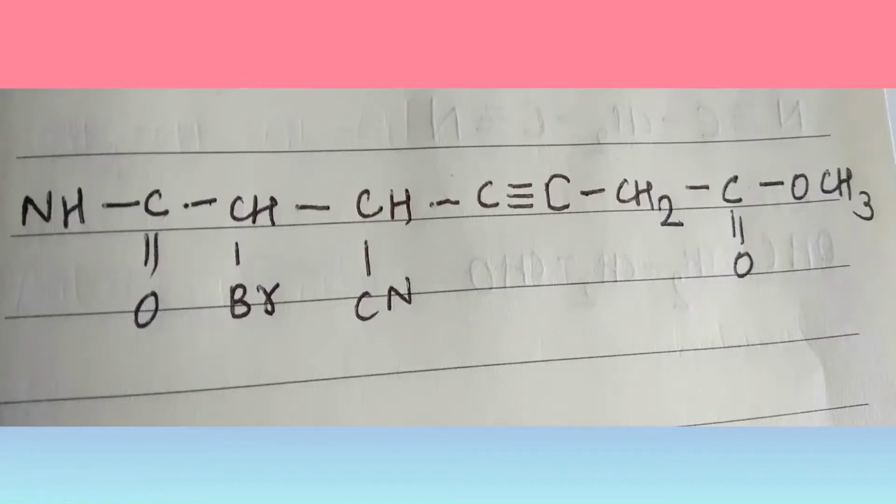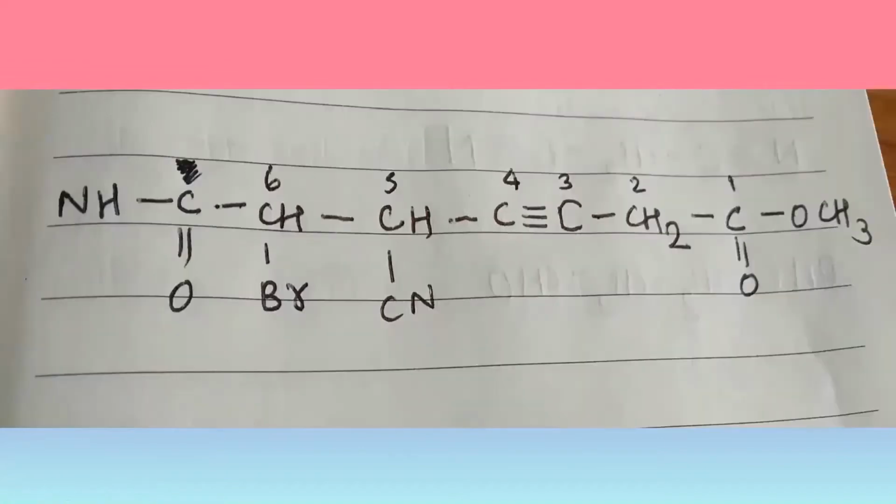If I start allotting these locants from right to left, we can notice that the carbon that has the principal functional group gets the least locant number. So the cyanide group, bromine group, and the amide group become our substituents.